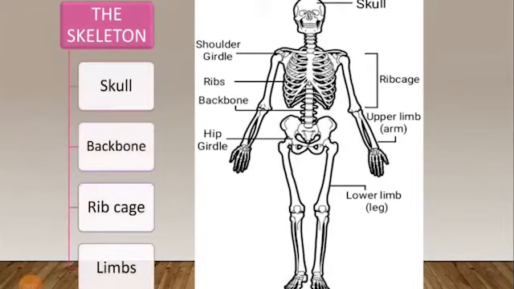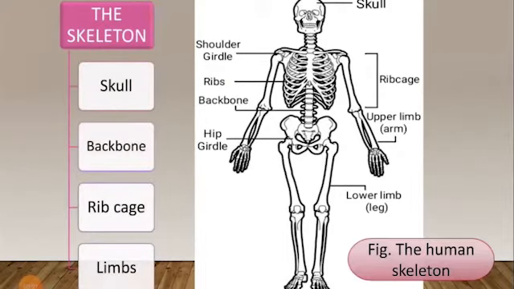The human skeleton consists of the skull, the backbone, the rib cage, and two pairs of limbs: the upper limb, or forelimb or arm, and the lower limb, or hindlimb or leg. These limbs are attached to two pairs of girdles, the shoulder girdle and the hip girdle. Let us understand them in detail.